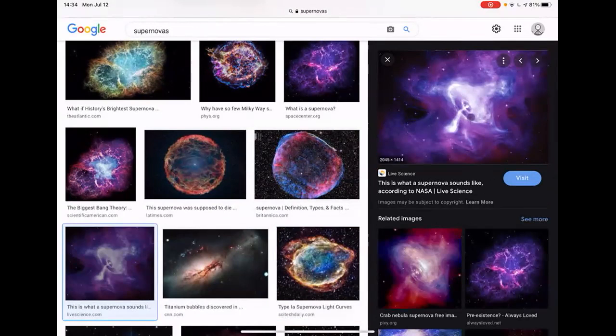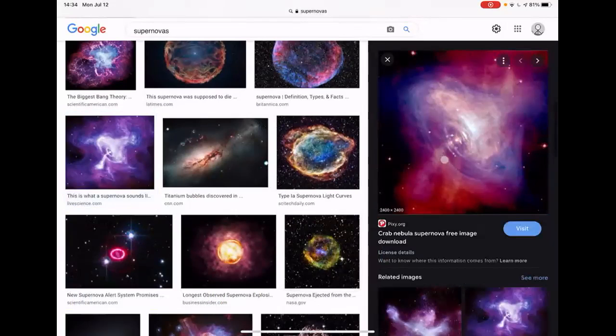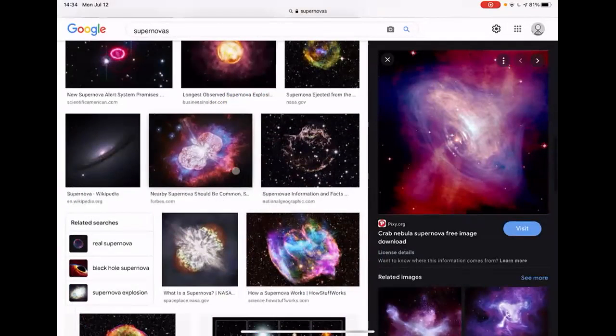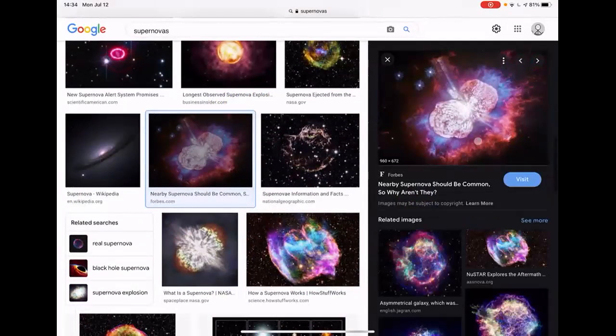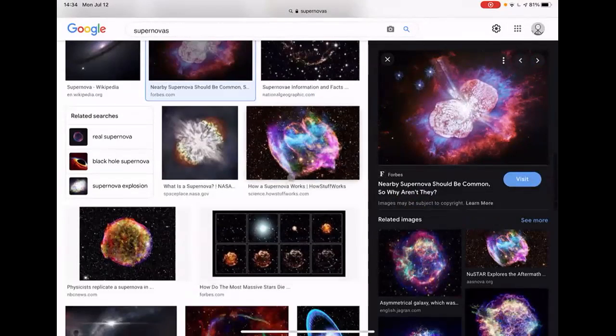This was a really big star that turned into a black hole, and now this is a supernova all around it. Here's another look at it. This one's pretty cool. This is close enough to a real image, and you can see that explosion, where it's really chaotic.